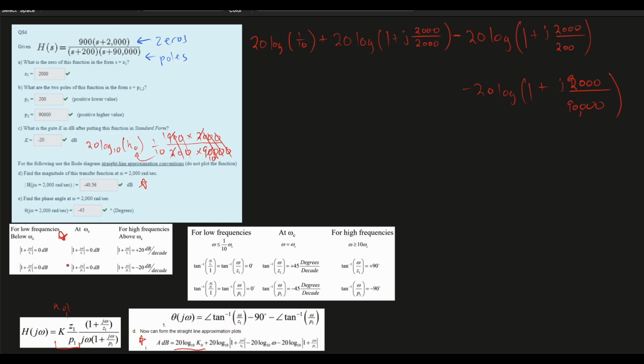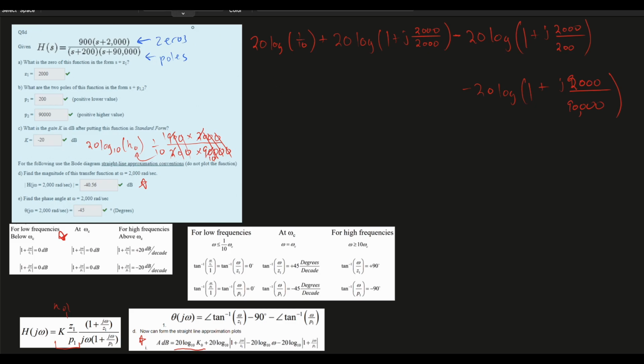So when we have something that looks like below our omega corner, so when we have something that's below our corner frequency, which is the zero, we're just going to have a 0. And also when it's at omega c, it's going to be a 0.